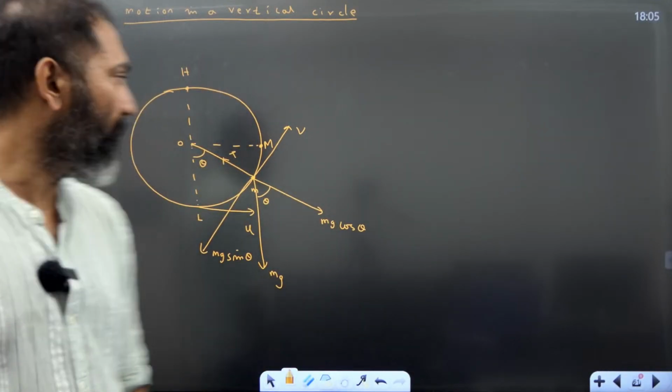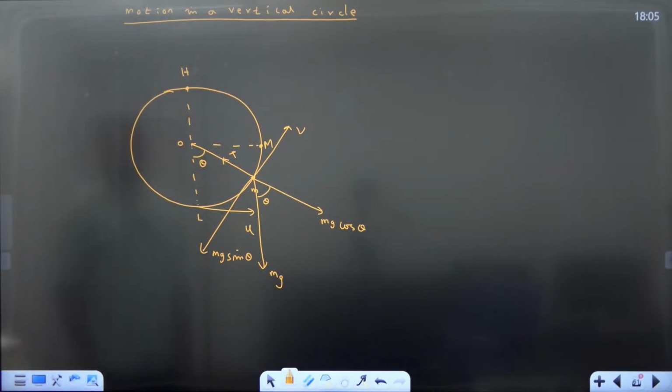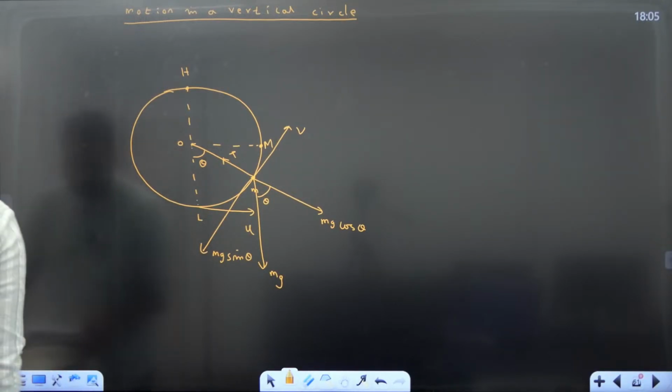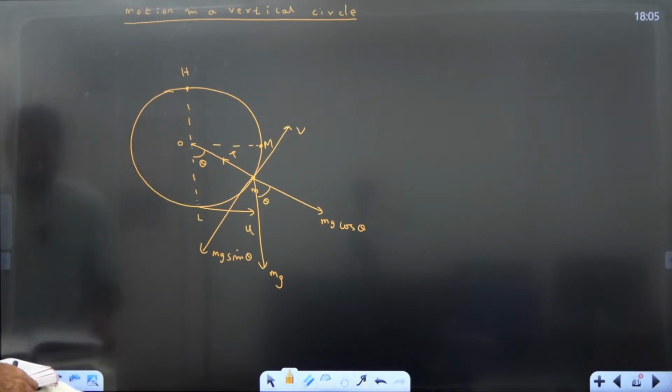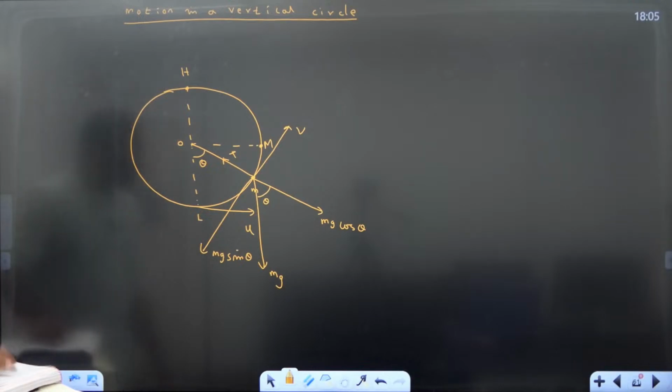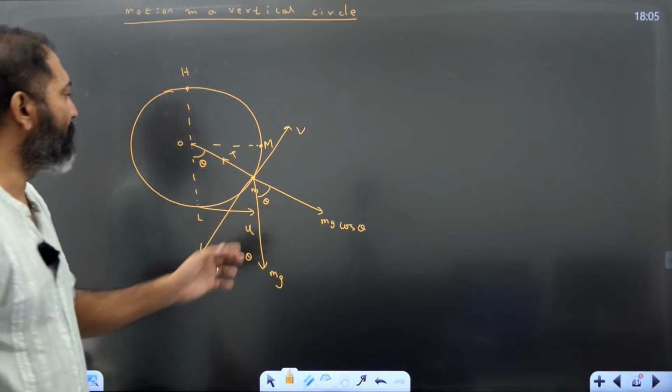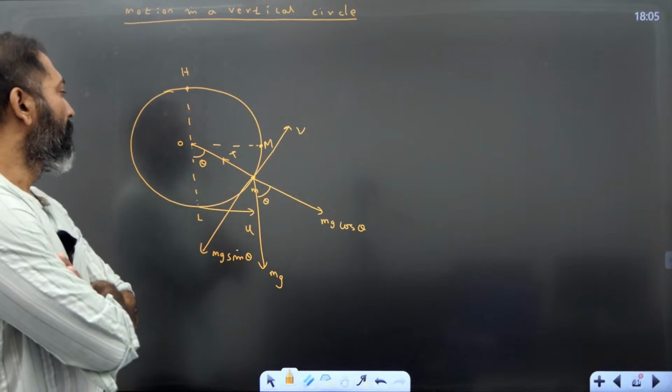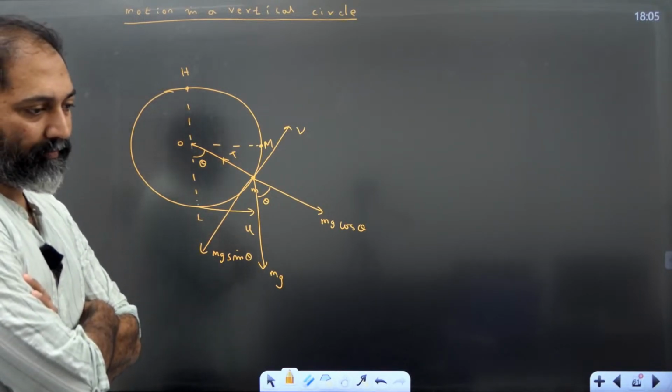Is the figure clear for you? Please respond. Is the figure clear for you? mg cos theta, mg sin theta. Clear? Yes, clear.